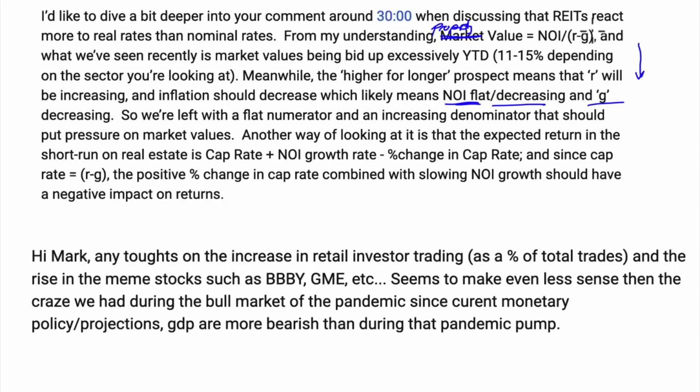Well, let's just take your R minus G and break it down. This is a real rate plus an expected inflation minus, and G can be broken down because that's nominal as well. In the long run, we could say it's a real GDP plus expected inflation because that's nominal GDP, right?